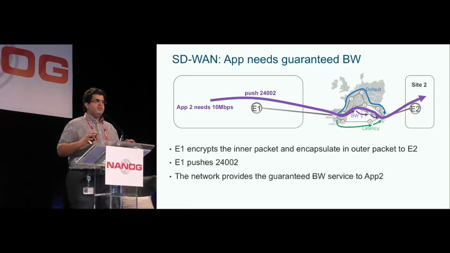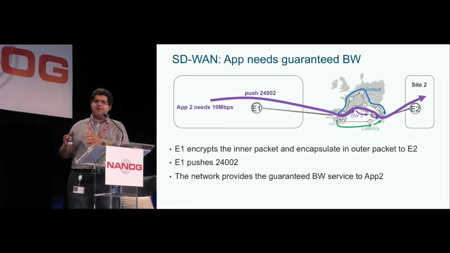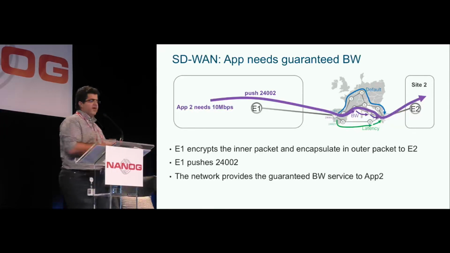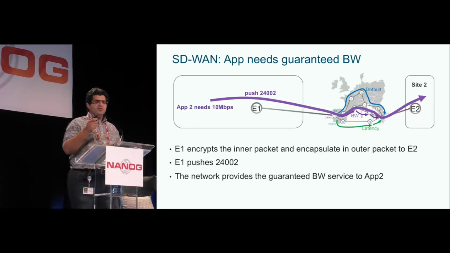It can pre-compute the path, but the binding SID or the identifier does not change. It continues to remain the same. So in this case, we have been able to do a bandwidth guarantee for app 2 from node 1 to node 7, and the packet goes to node 7, and then we take out the outer LSP and send the packet over to E2.